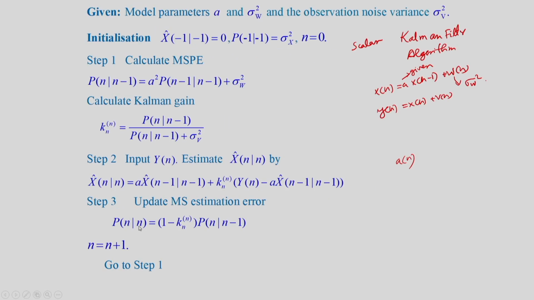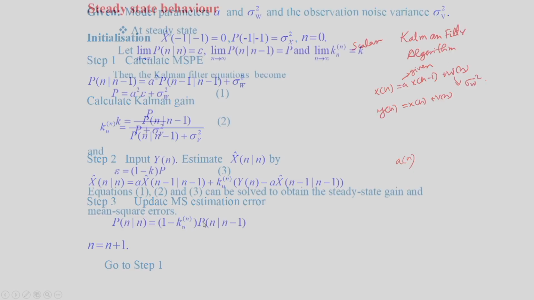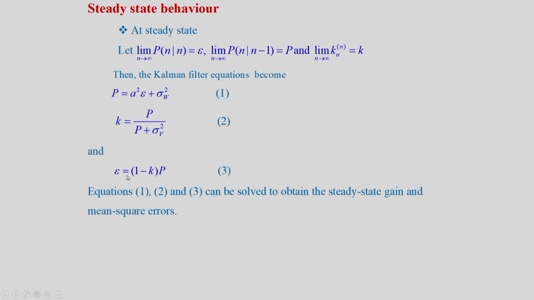Now the third update equation: P(n|n), the limit of this, epsilon, is equal to 1 minus K into P. So that is the third equation, epsilon is equal to (1 minus K) times P. These three equations can be solved to obtain the steady state gain and mean square errors.